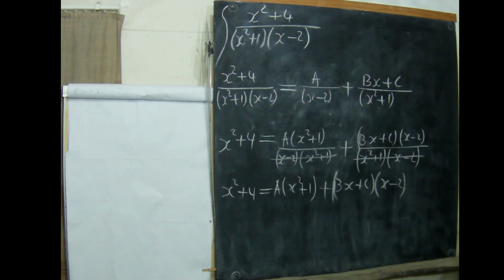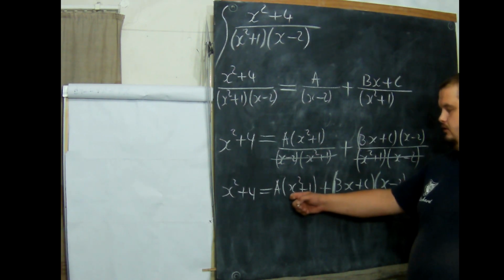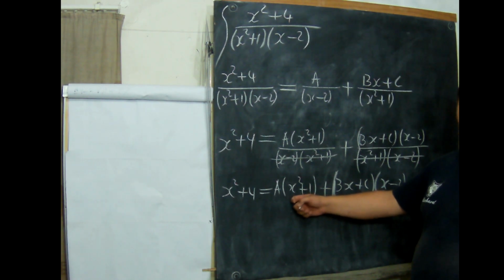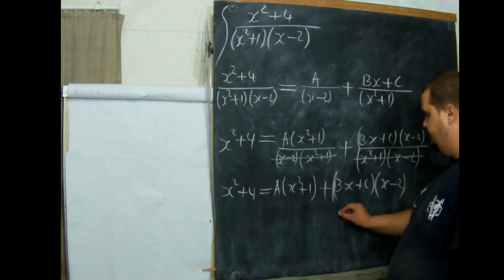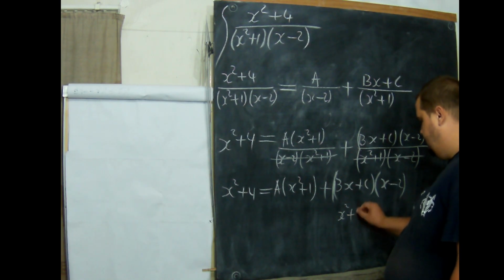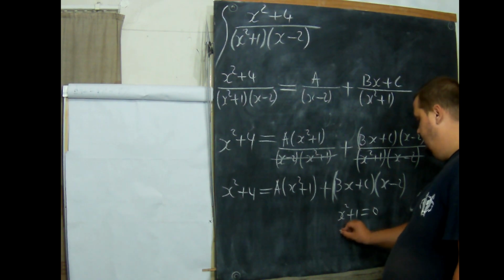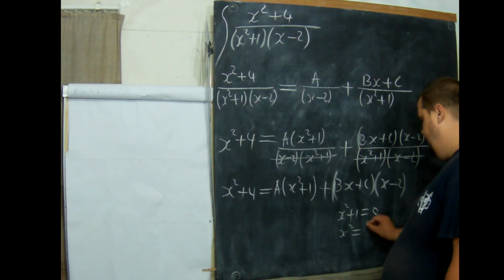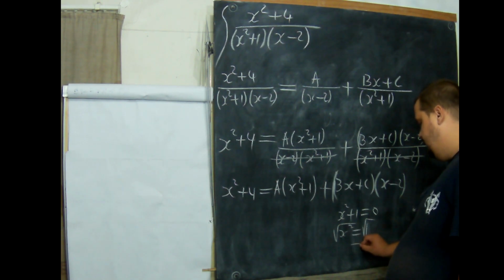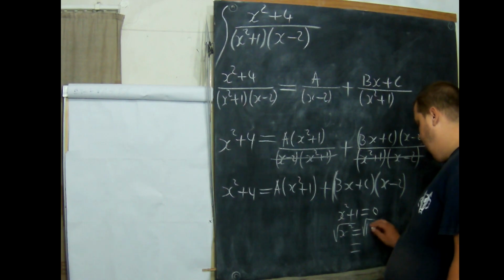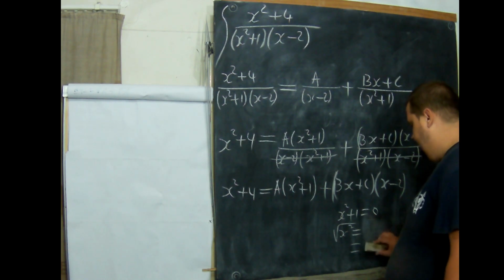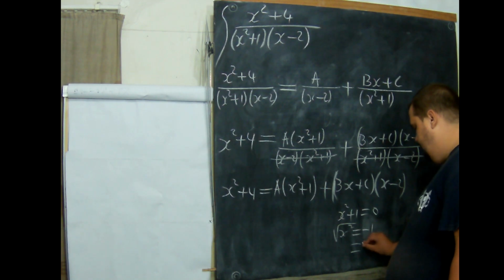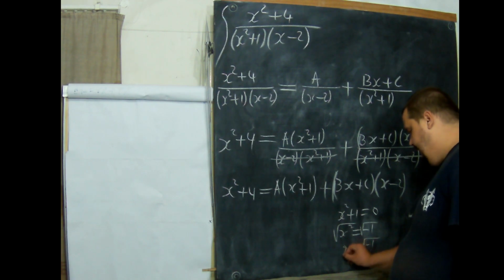Okay, now what we can do is, we cannot use x squared plus 1 to get a number, because it'll go like this: x squared plus 1 equals 0, so x squared equals minus 1, then the root of minus 1 is equal to x.